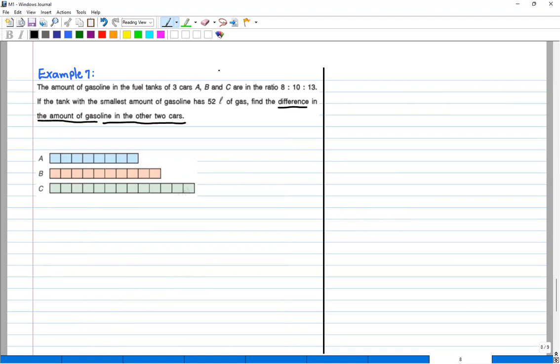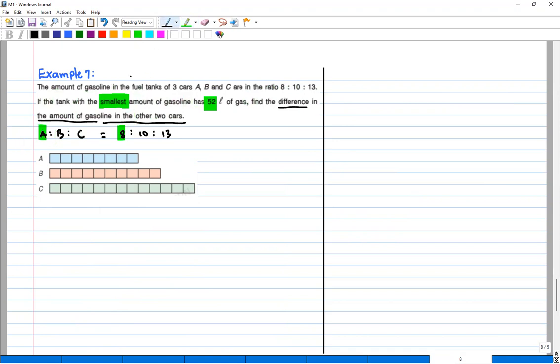Now, the ratio is A to B to C, which is 8 to 10 to 13. Now, they have said that the tank with the smallest amount of gasoline has 52, which one is the smallest? If we have 8 to 10 to 13, we see that 8 is small. So this means that it is A.